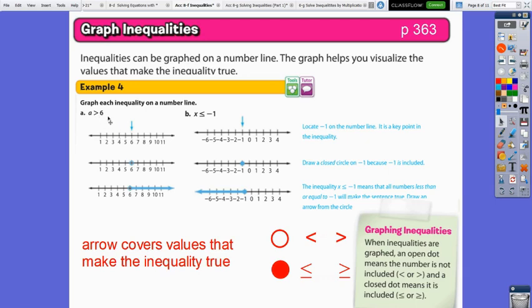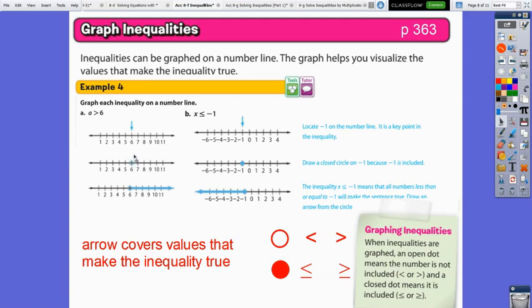Is 6.1 a solution to this? Yes. 6.01? Yes. 6.000001? Yes, that would be greater than 6 also. So you can see you can get infinitely close to 6, but it can't be 6. And so to show that, we draw an open circle at 6.